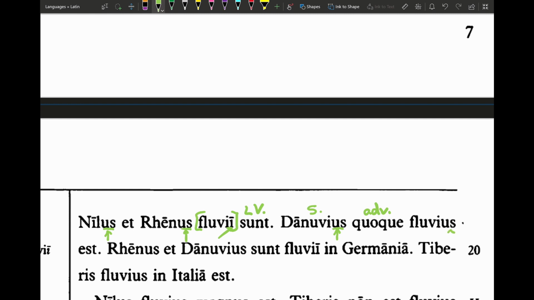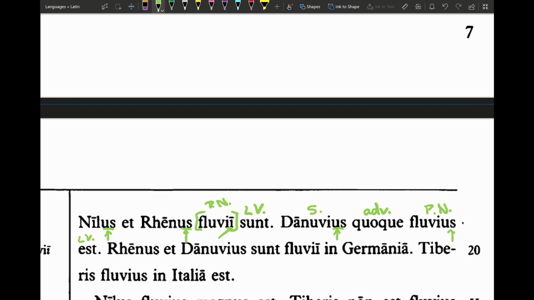And then we have this right here, which is our predicate nominative. Make sure we labeled the one we did before. Predicate nominative. And this is our linking verb. Remember, fluvios is not a direct object. It is the predicate nominative, simply telling us what the Danube, that Danuvios means the Danube River, is. So the Danube also is a river. That's how you would translate that.